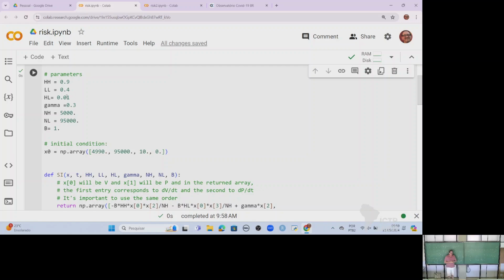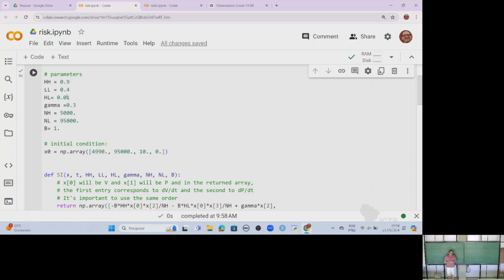So what we are saying is that the high risk group has a beta that is higher than the low risk group, as in the example. High risk is a translation of having many partners in this case, and low risk means that beta is small.